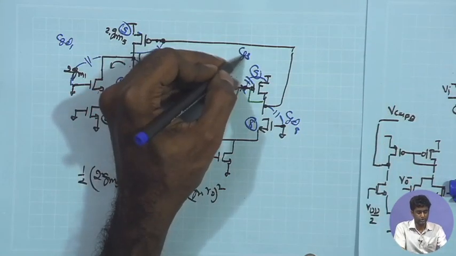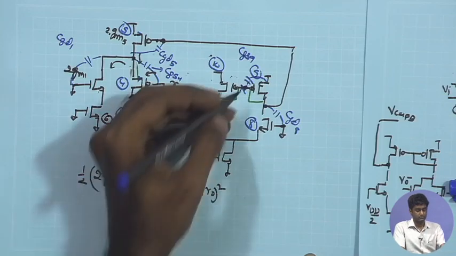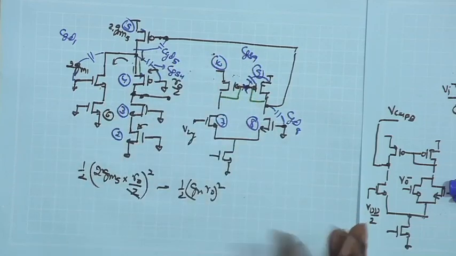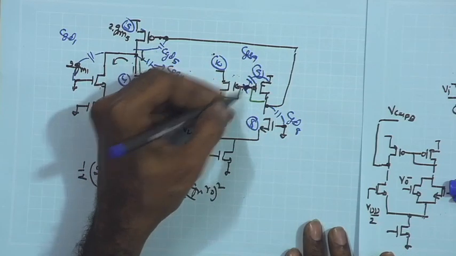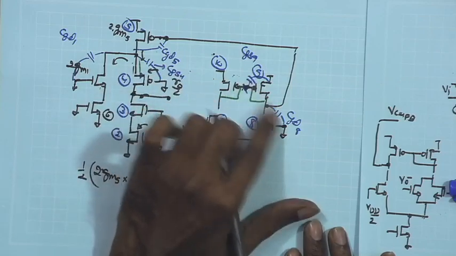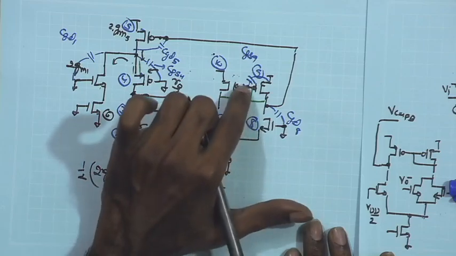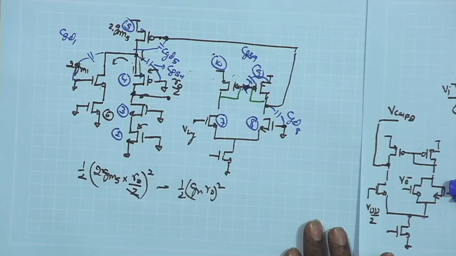So I have CGS9. So we have just drawn the parasitic capacitances corresponding to the different transistors that are contributing at this node. Remember, this point is disconnected, so you do not have connection between these two nodes. Therefore, the capacitance contribution is going to come from the M9 and the CGD of this transistor.